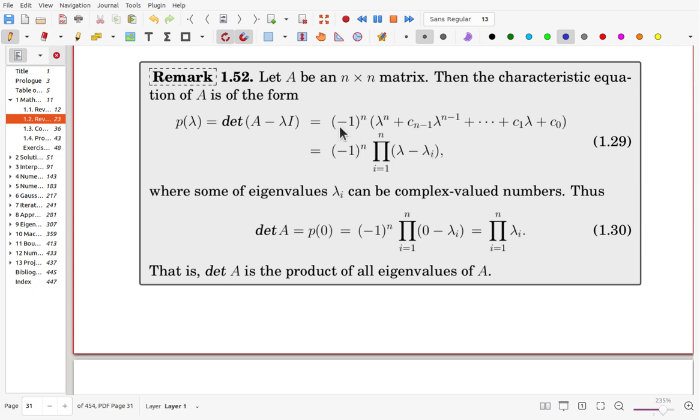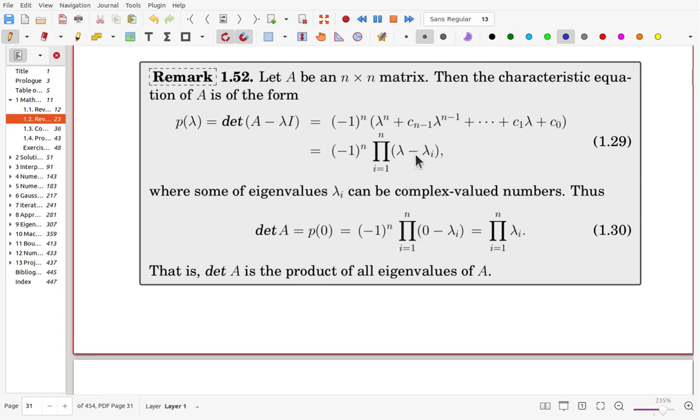Once it is solved, any non-constant polynomial can be factored into linear factors if we allow the lambda i's to be complex values, so this can be written in this way. Here, the lambda i's are eigenvalues.